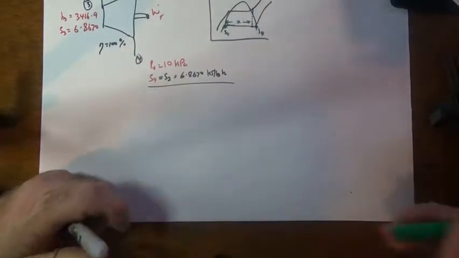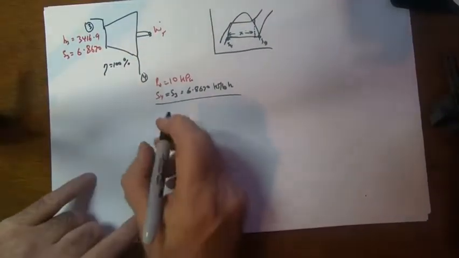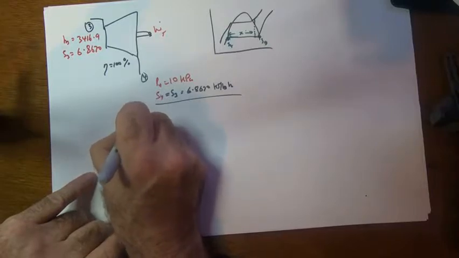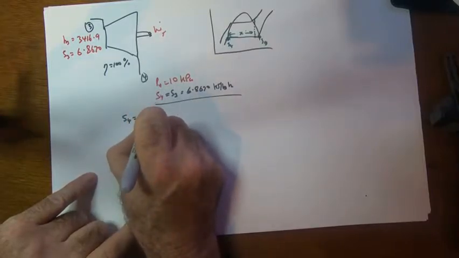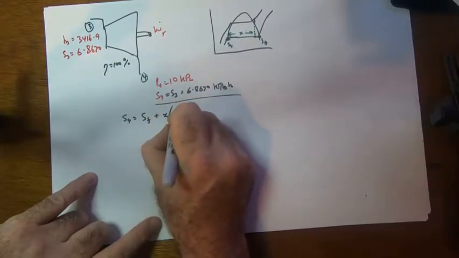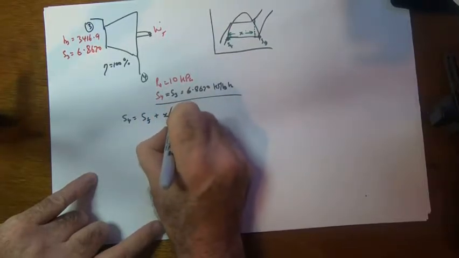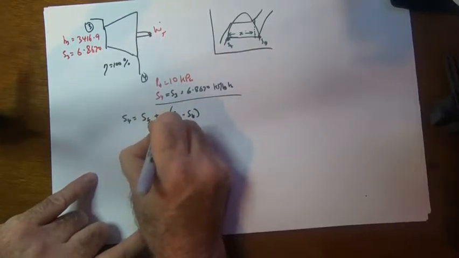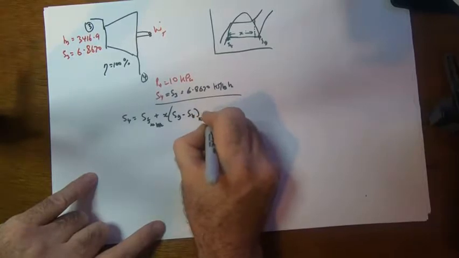So the way that works is we can write the equation that the entropy at 4 equals the entropy of a fluid at 4 plus X times the difference between SG minus SF. And this is all at 10 kilopascals.